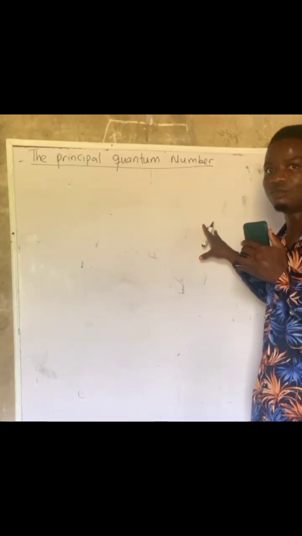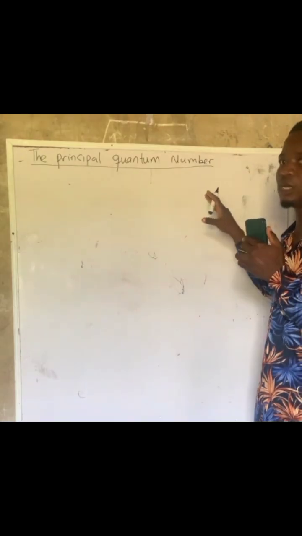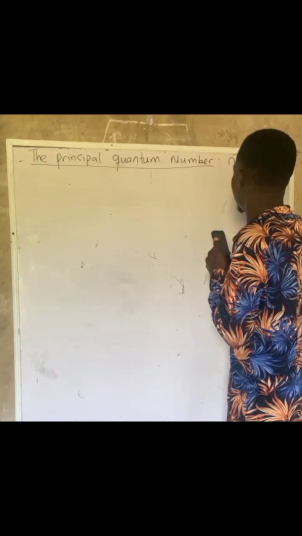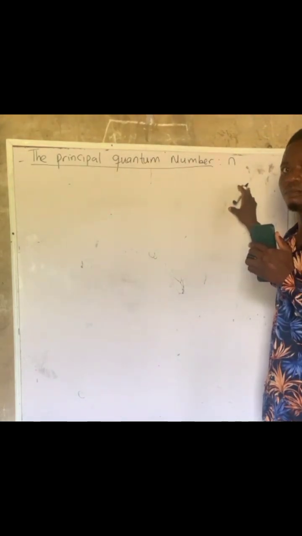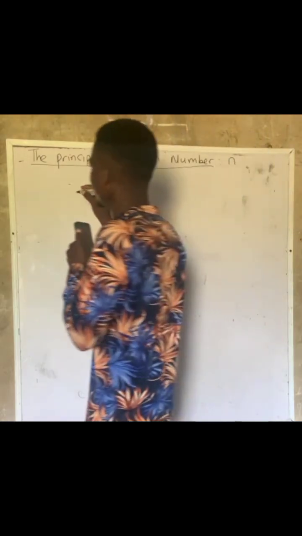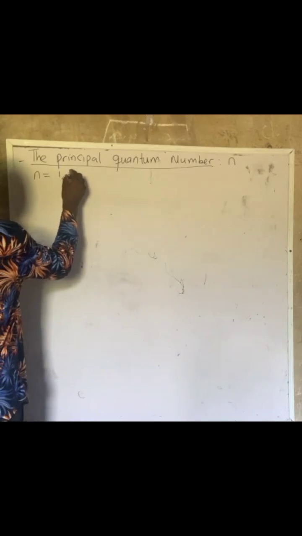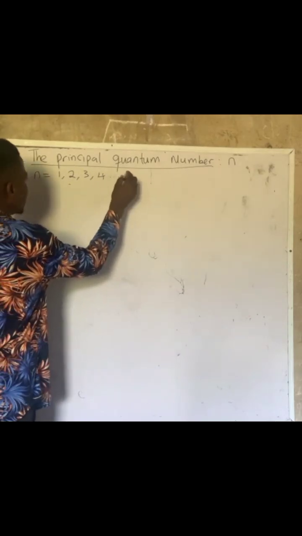The principal quantum number is denoted by letter N, and is a positive integer. N could be equal to 1, 2, 3, 4, like that.